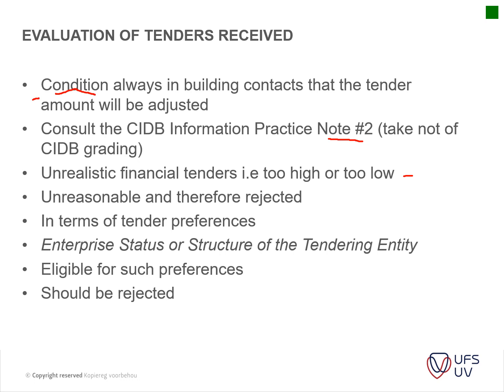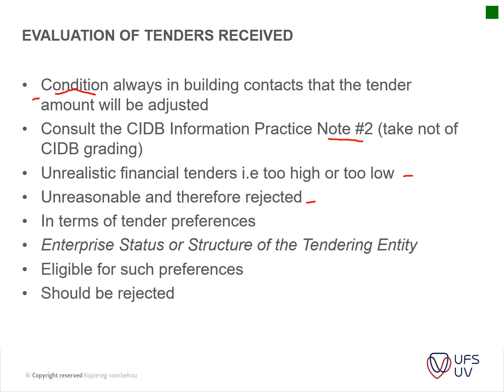You should ask the question: will the contractor be able to do the work? So you may reject someone if they made a big error like that, and it actually poses a high risk to your client. Unreasonable and therefore rejected.